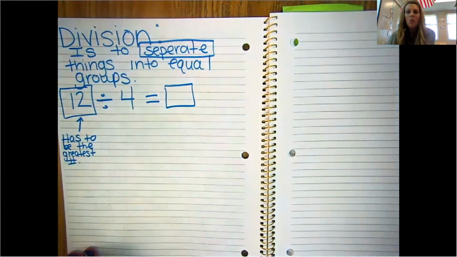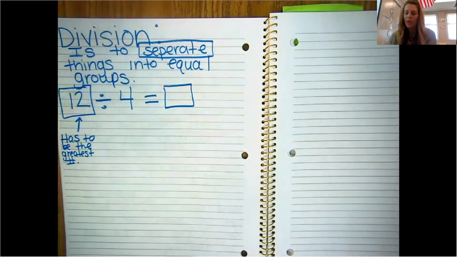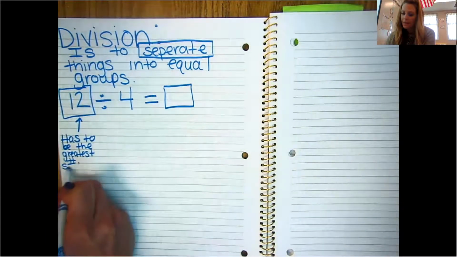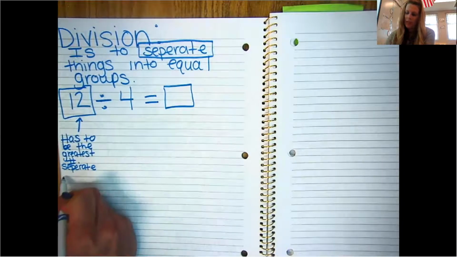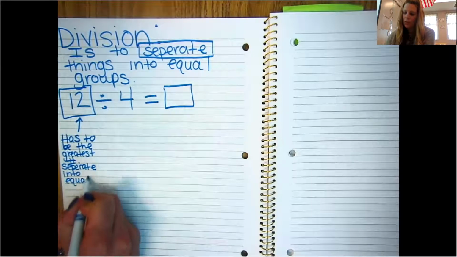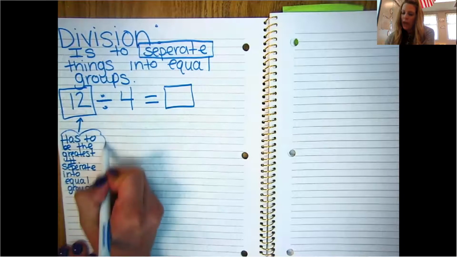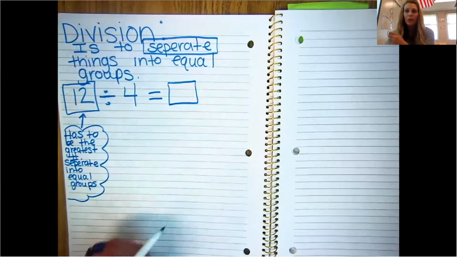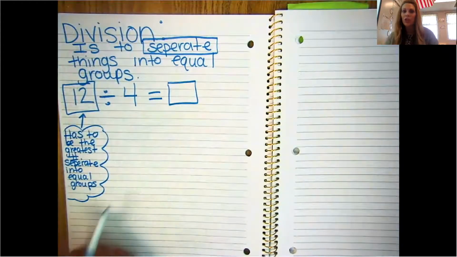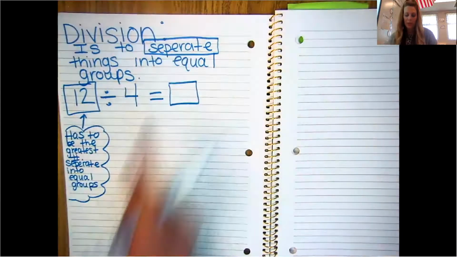And it's the one that you are separating into equal groups. So the first number has to be the greatest number, and it's the number that you're dividing. It's the number that you are separating or splitting up.